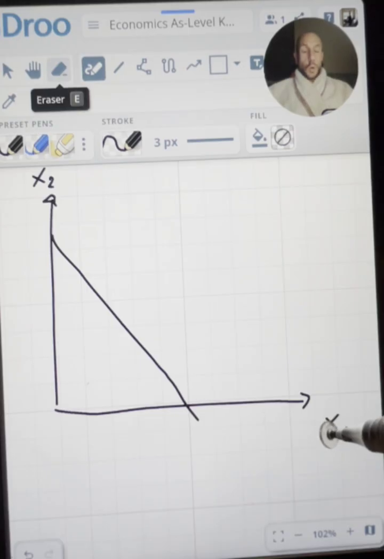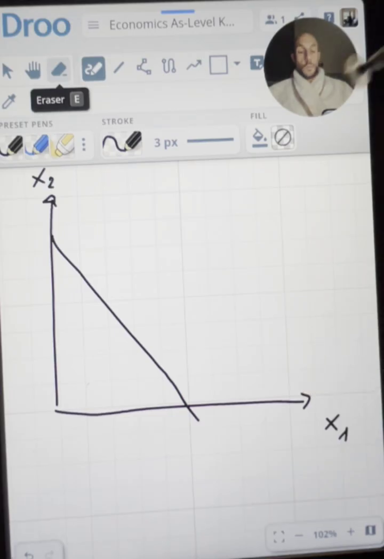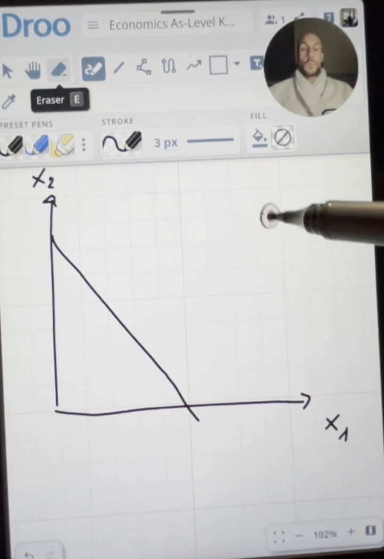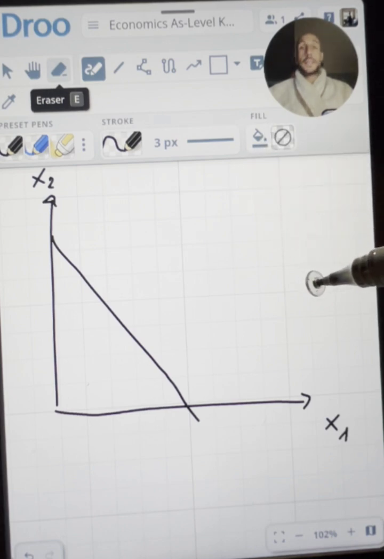Now, what happens if the price of good 2 gets cheaper?